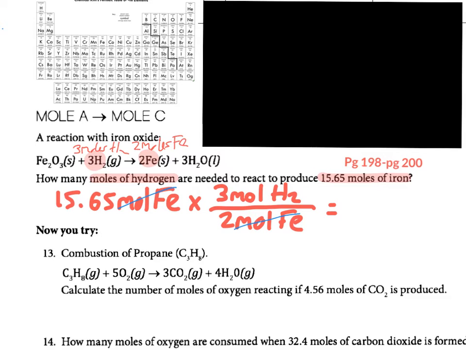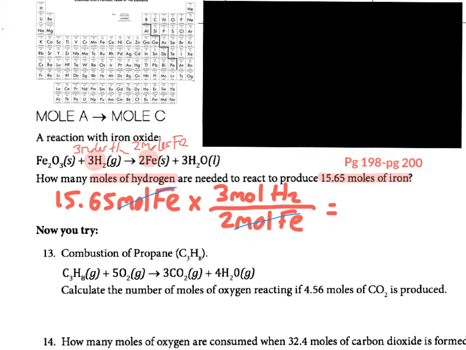And the bridge step is when you go through and use your balanced chemical equation in that mole ratio, setting it up like a bridge where I put 3 moles of H2 because that's what I want to find over the 2 moles of Fe because that's what I'm leaving or dividing out.